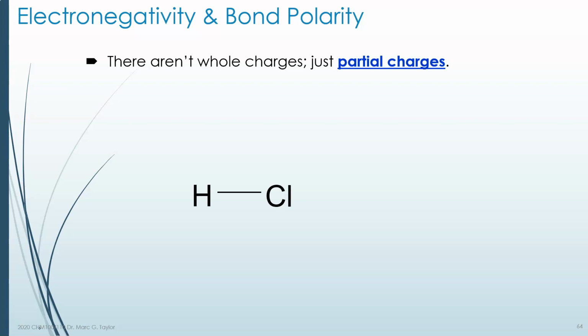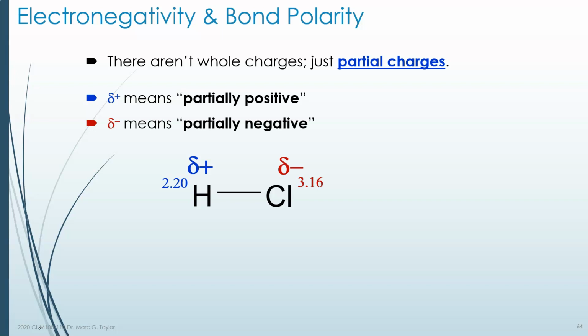So here's an example with hydrogen bound to chlorine. Chlorine is very electronegative. Hydrogen is right in the middle, 2.2. And so if we show these values, you can see that the hydrogen is a little more electropositive and the chlorine is a little more electronegative. That means that the electrons are pulled towards the chlorine more often than they are towards the hydrogen in this shared pair of electrons making up the bond.